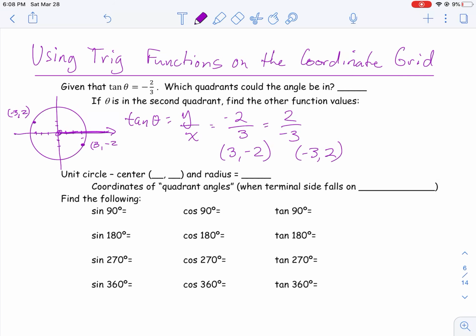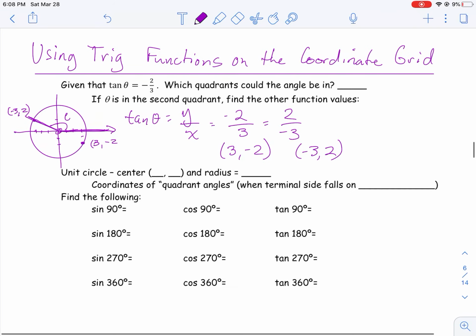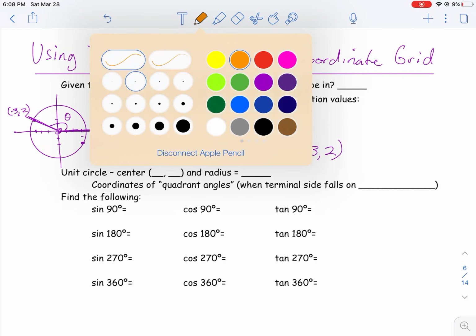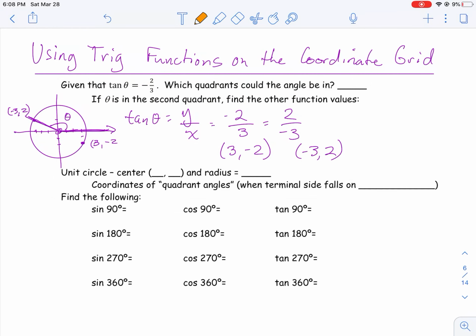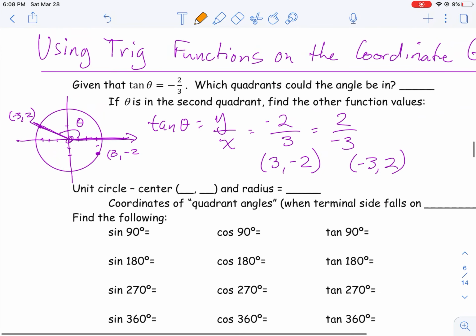In either case, this angle here, if we call this theta, that angle has a y over x of positive 2 over negative 3.